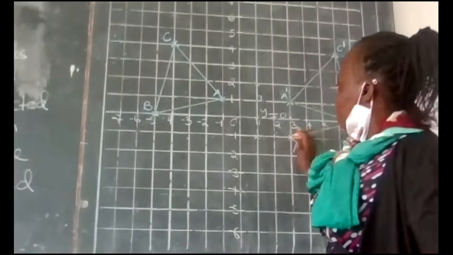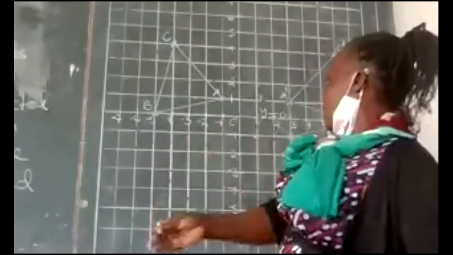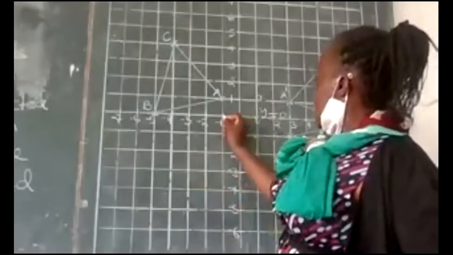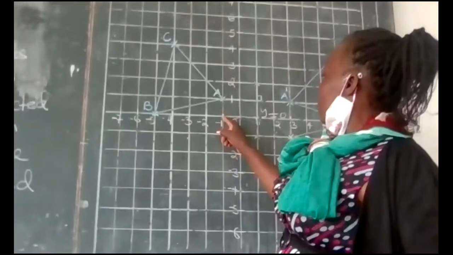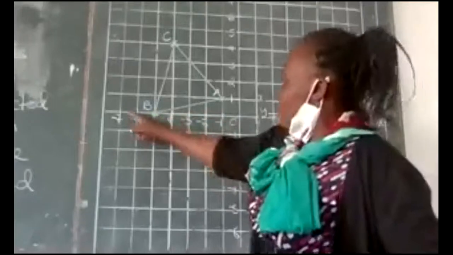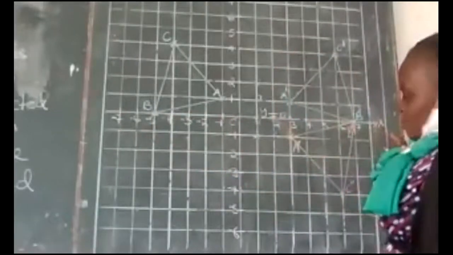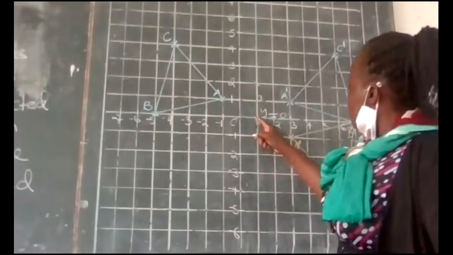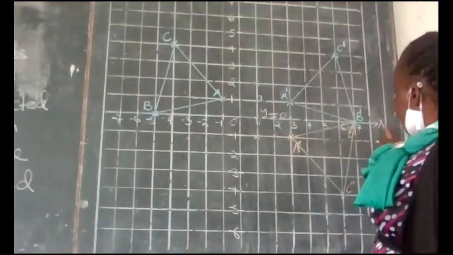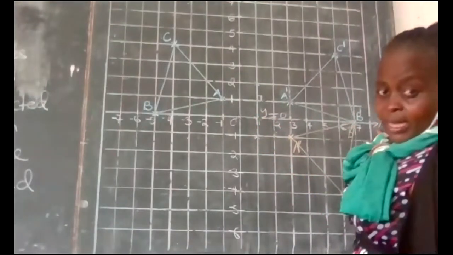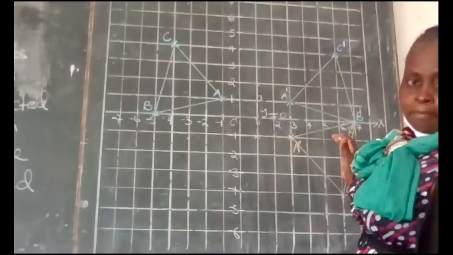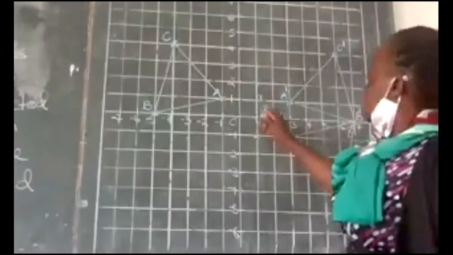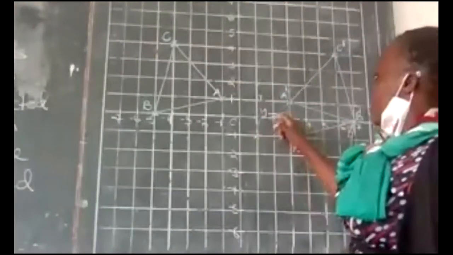Even if I move to the other side, the negatives, and plot this point, negative 1, 0, still the value for y is 0. So y is equal to 0 everywhere on this line, which is the x-axis. That's why we can also call the x-axis the line y is equal to 0.